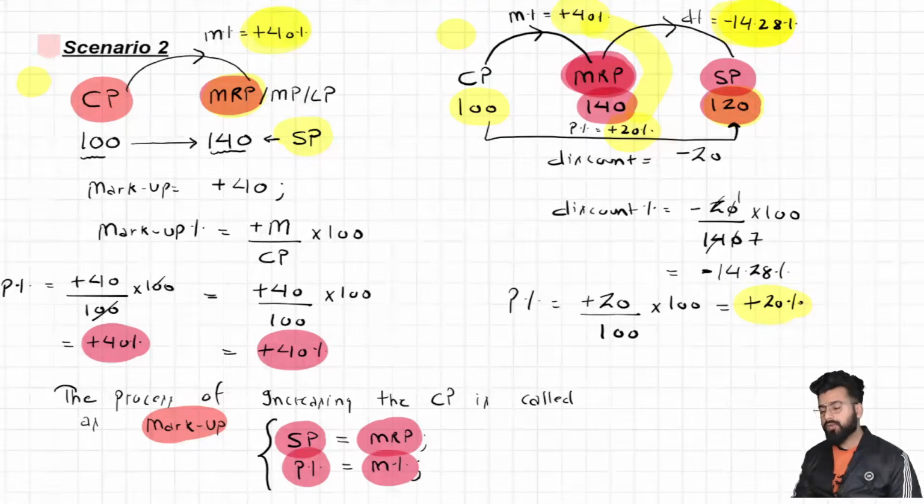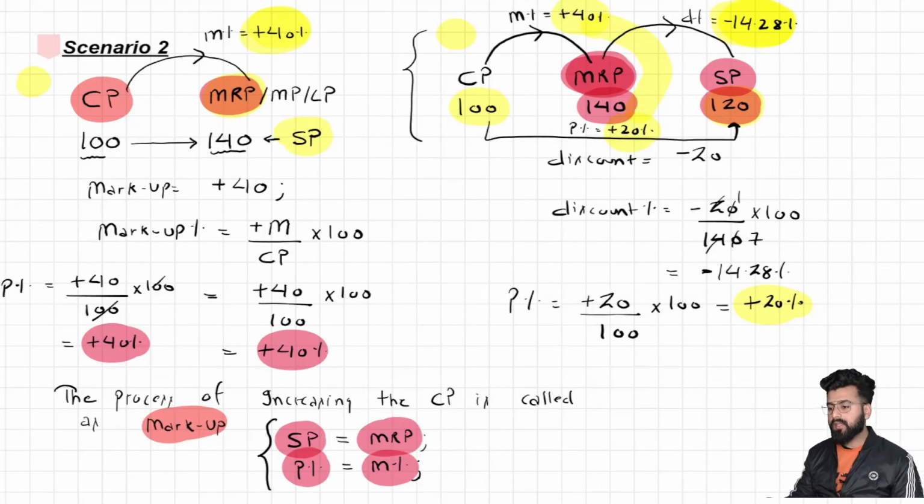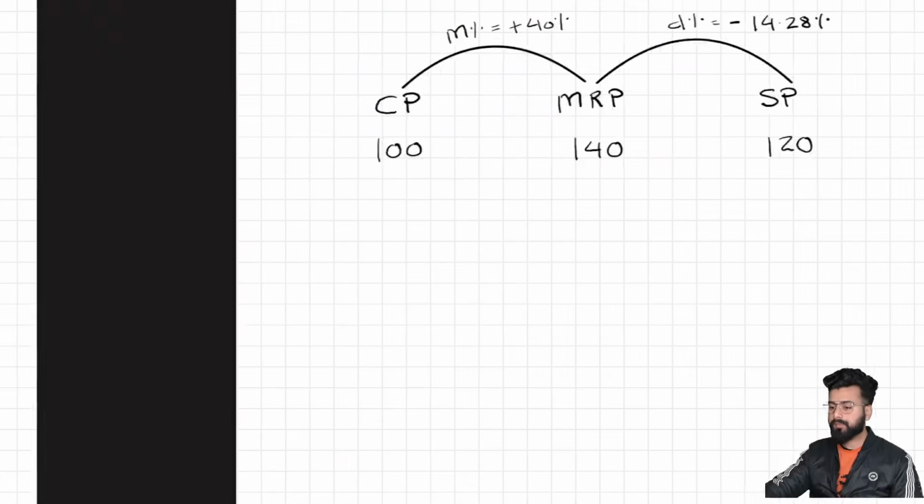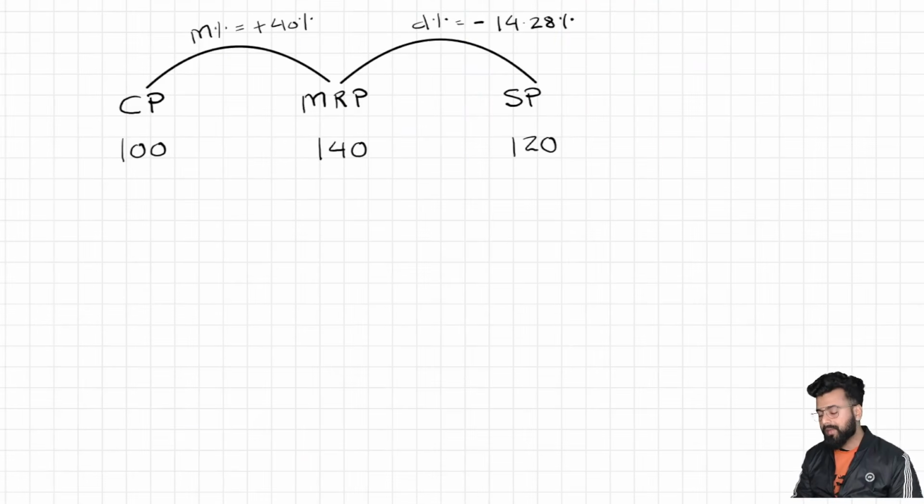Now, another thing I want you to look at, if you look at this setup carefully, now since I don't have space here, so let me show you the same setup in the next page. All right. So if you remember, the price at which the shopkeeper has bought the article was 100. And then what he did, he marked up the cost price by 40%, due to which his new price is 140. And this new price is called as MRP, isn't it?